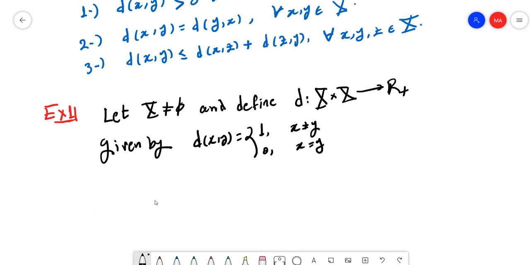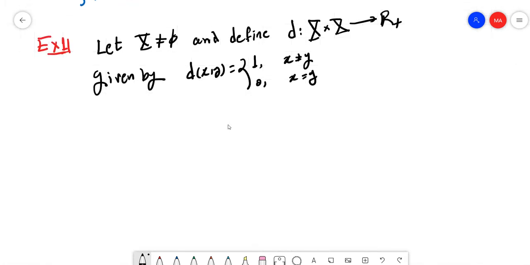Let us check whether this metric is a metric space or not.